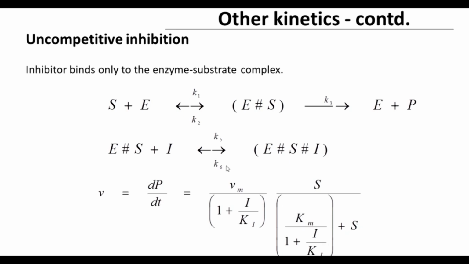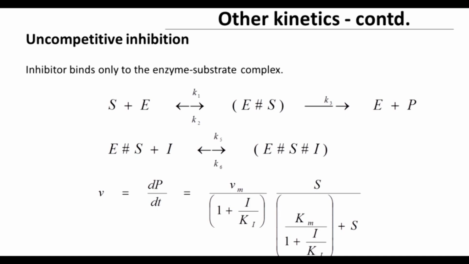As you can see here, Vm S by Km plus S was the original expression. Vm by (1 plus I by Ki) is the parameter here. Km by (1 plus I by Ki) is the parameter here. Both have been modified for uncompetitive inhibition.